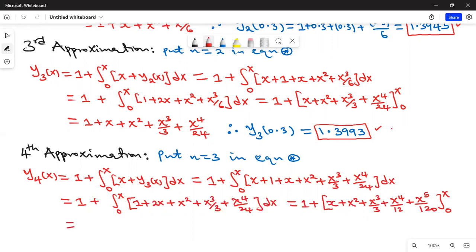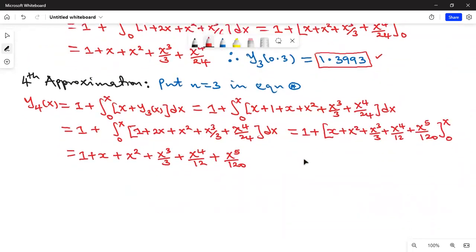And so if you plug in the limits of integration, you'll get 1 plus x squared plus x cubed over 3 plus x raised to 4 over 12 and then plus x raised to 5 over 120. So that is the fourth approximation.